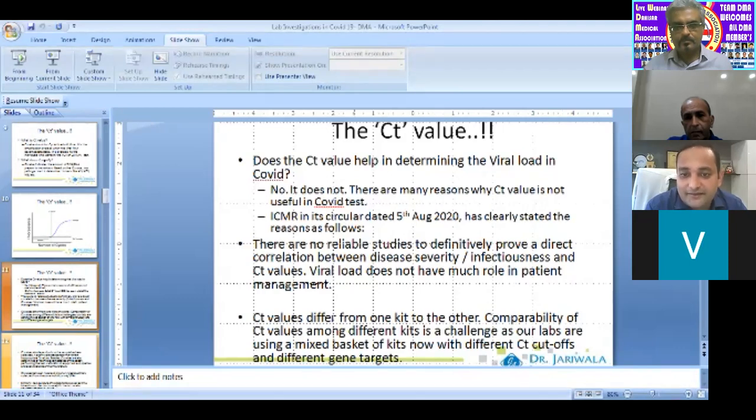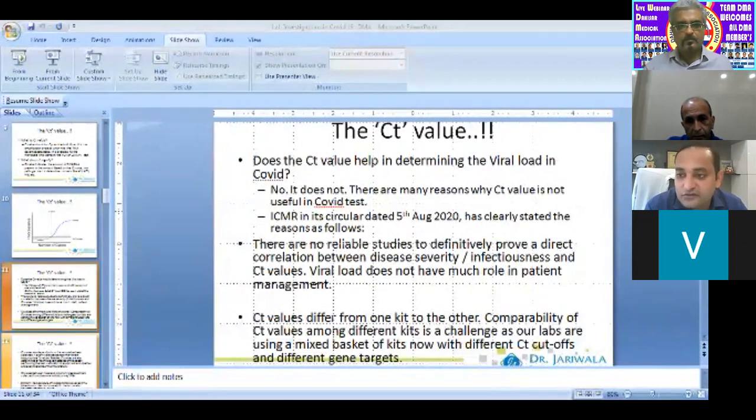Secondly, the patient per se does not die due to a higher viral load. It is not the virus which is killing the patient, it is the inflammatory reaction. So the amount of virus present does not correlate with the severity of disease.